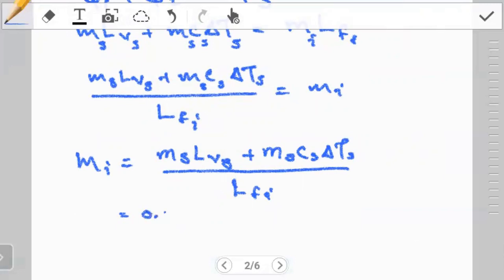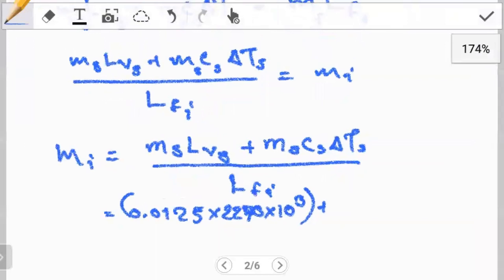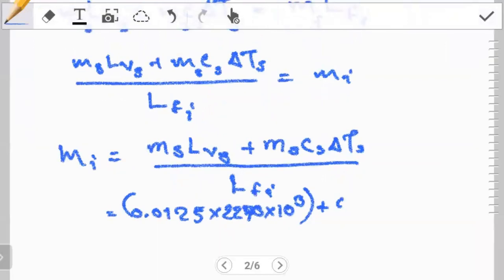That's 0.0125 by 22.70 by 10 to the power 3. This is plus, and then that's 0.0125 by 4.2 times 10 to the power 3.